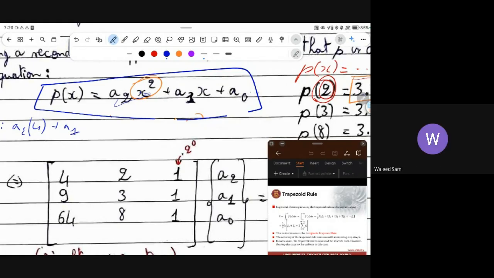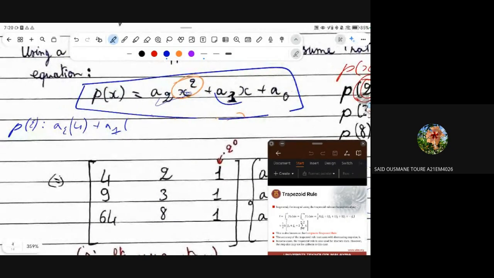A1 times x. Okay. So x is what here? Which value of x? 2, rho of 2. Exactly. So 2. Yes, it's 2, because we say rho of 2, rho of x.